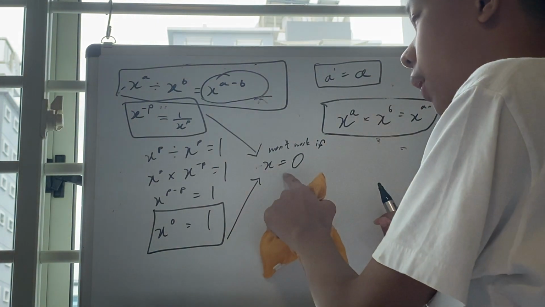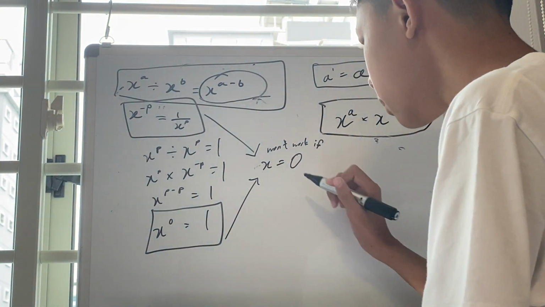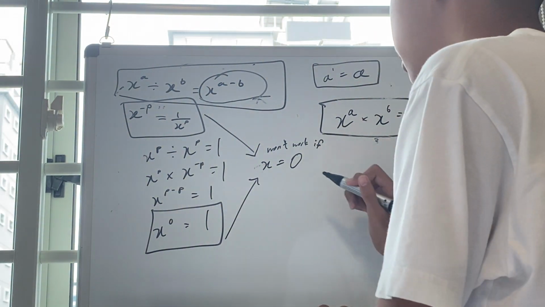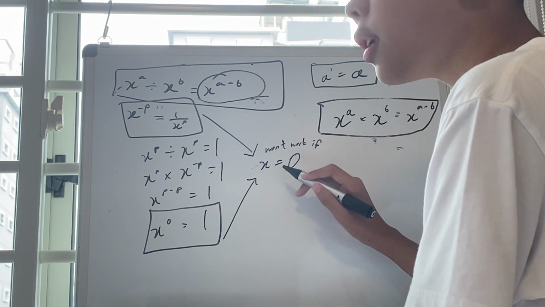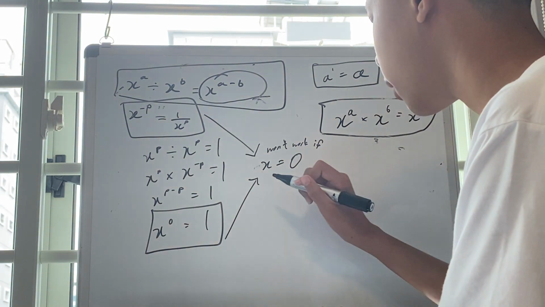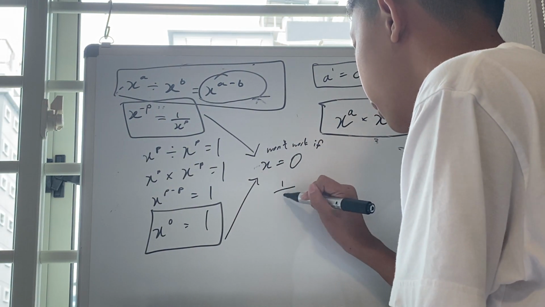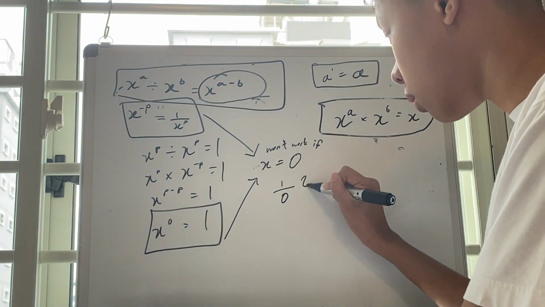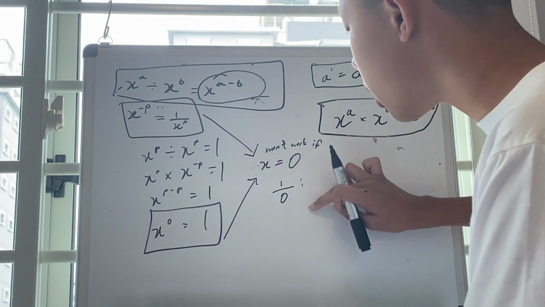it won't work if x is equal to 0, because dividing by x is undefined, and when x is 0, dividing by 0 is undefined. So 1 over 0, we don't know the result.